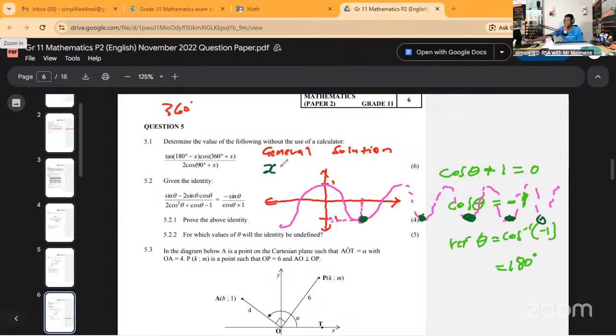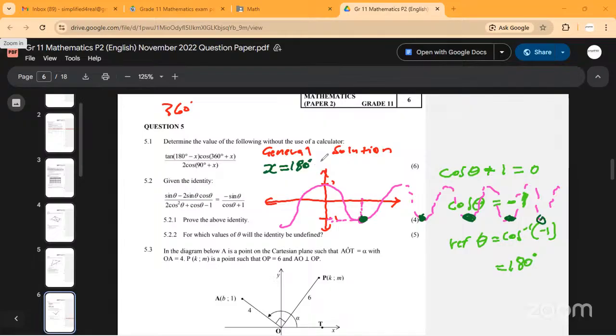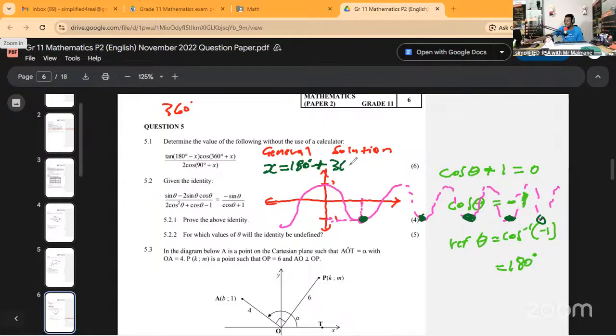So to write the general solution, you say x starts from 180, but it also includes any other angle on the rotation of 360 multiplied by k, given that k is an element of real numbers. That's how you write the general solution from today.